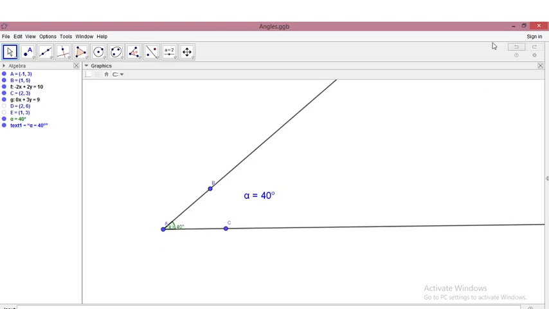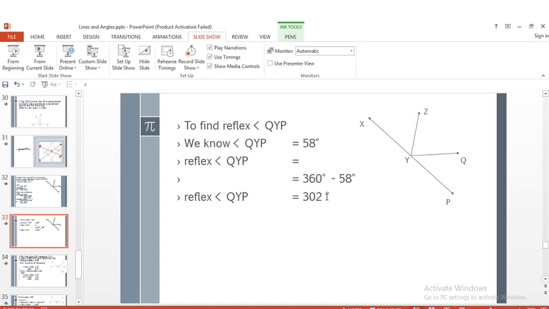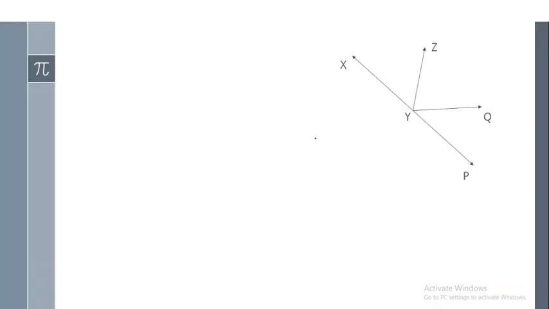In our question we needed to find reflex angle QYP. This is angle QYP.